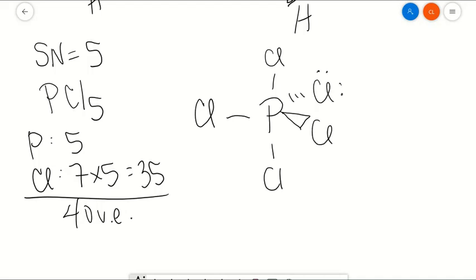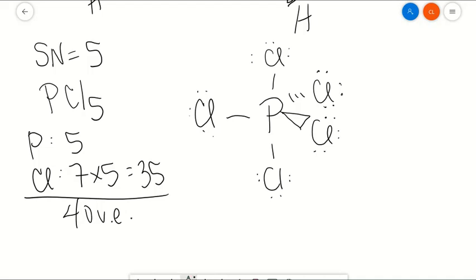And then we have lone pairs on all these chlorines. All right, so this is what PCl5 looks like.